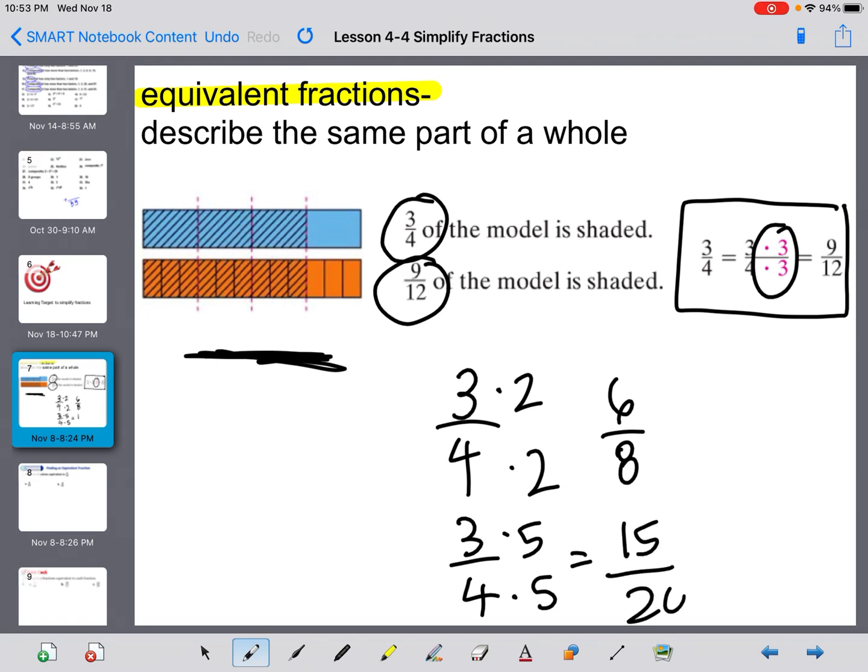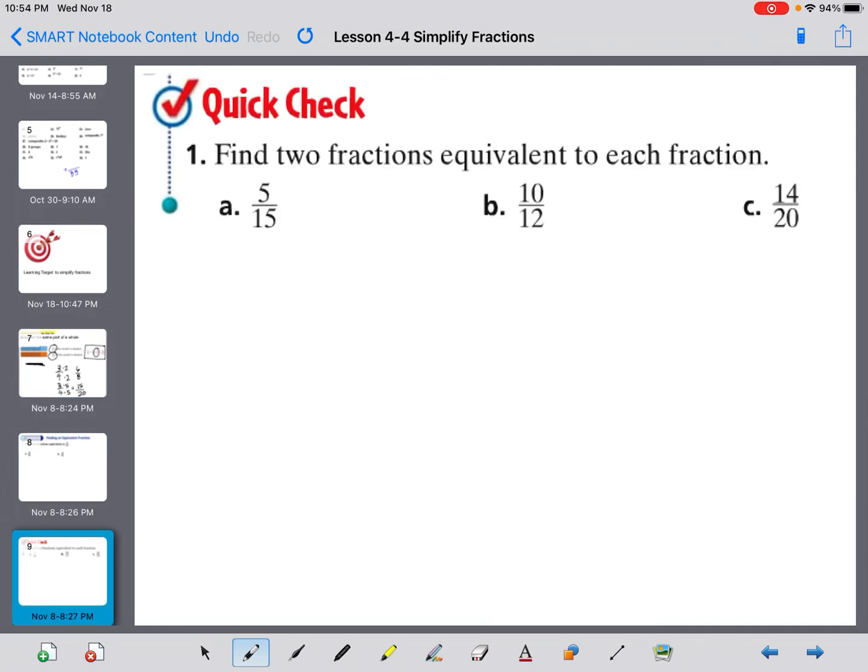If you said you ate 15/20 of your Twix bar, that would also be true. So how many possibilities are there for equivalent fractions? Did you say infinite? Because infinite is right. There are so many possibilities that describe the same part of the whole.